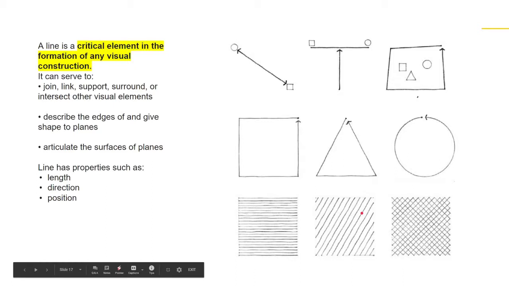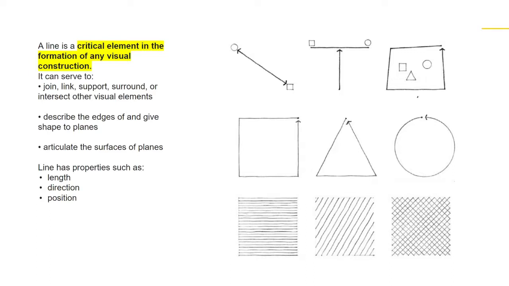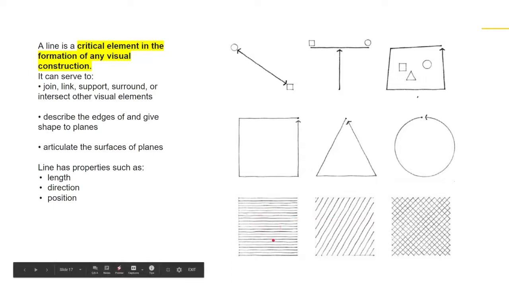The next would be your diagonal lines, which actually portray action or direction. As you can see, the diagonal lines are a bit more active than the horizontal line. It's a bit more graphic than the horizontal.